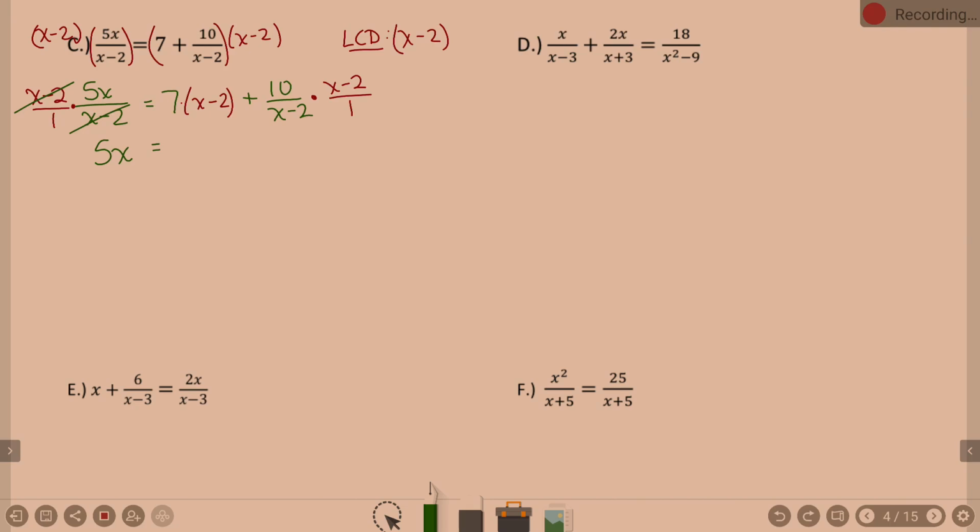It's taking the 7 and distributing. So when we distribute the 7, it's going to become 7x minus 14. Plus, what about the end? Just 10. X minus 2's cancel, and we have 10.